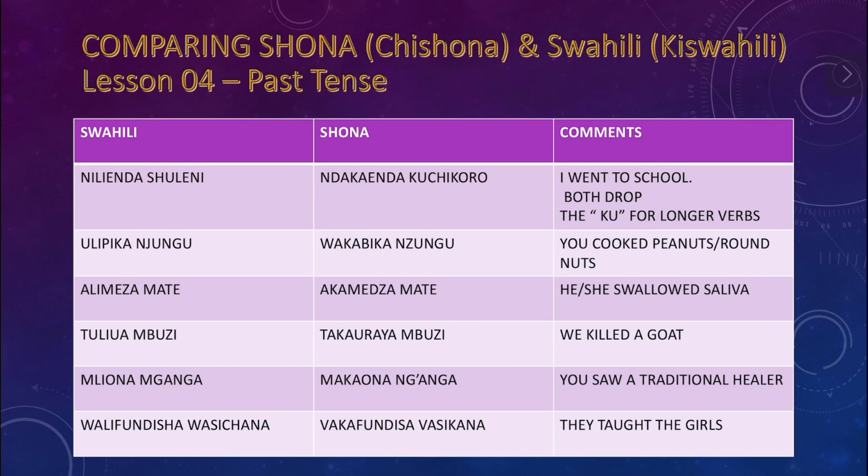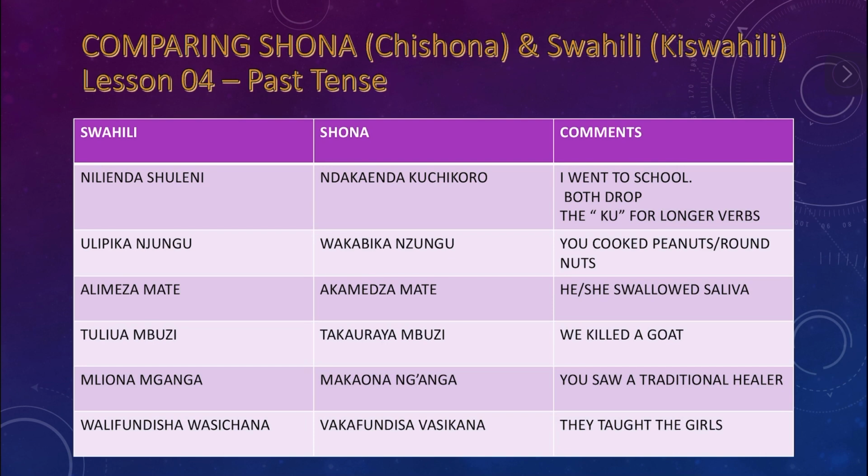This is very important to note. Let's continue. Ulipika njugu. Wakabika nzungu. You cooked peanuts or round nuts. Alimeza mate. Akameza mate. He or she swallowed saliva. You now see both languages are dropping the ku.